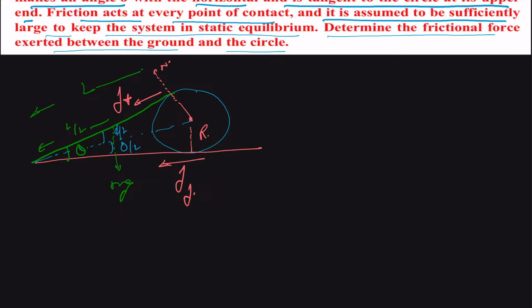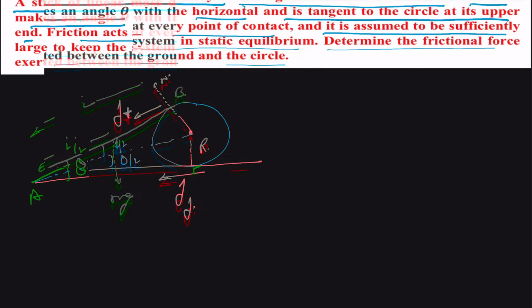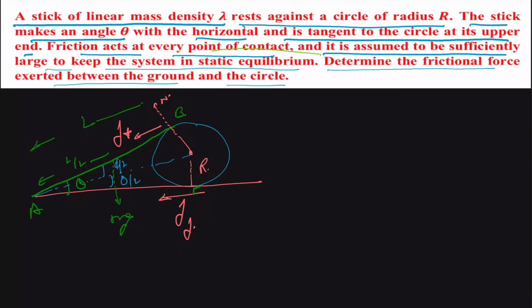Let us call this point A, this point P, and this is our B. It is also mentioned that this entire system is in static equilibrium, so we have to keep focus on this. First of all, let's find out the relationship between the friction between the circle and the ground and the friction between the stick and the circle.